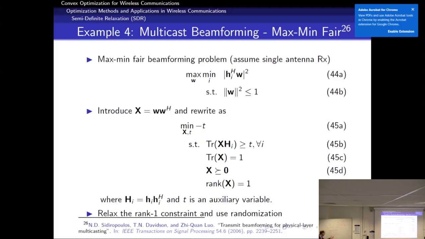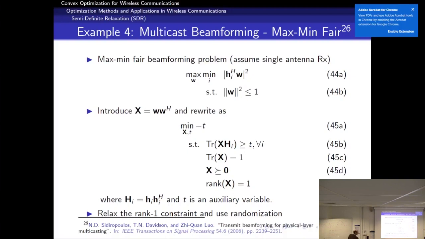So instead of having one constraint, I'm now writing this as multiple constraints. The minimum has to be larger than something, so all of them have to be larger than something. Right? And once I have that, then I can say, well, max of t is equivalent to minimize minus t, subject to the same constraint. Right? And so this is what you start seeing there.